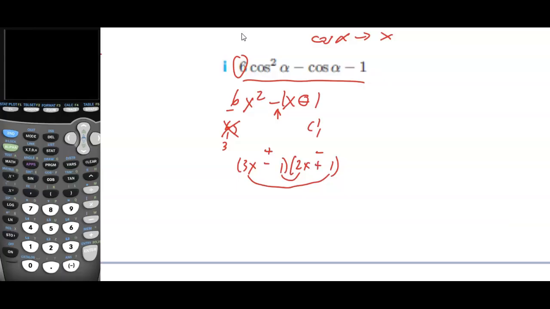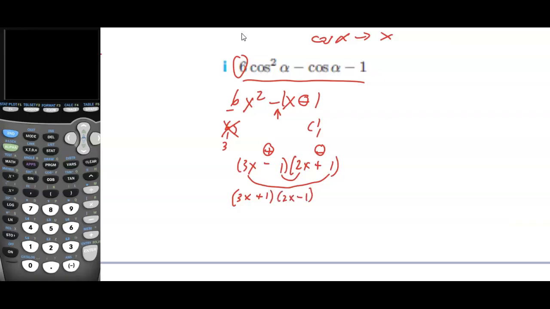Which is it? So if I multiply the 3 times negative 1, then that would be negative 3 plus 2, and that would be negative 1. So I think it's this one, this pair. All right, so let's write down the final factorization. 3x plus 1 times 2x minus 1.